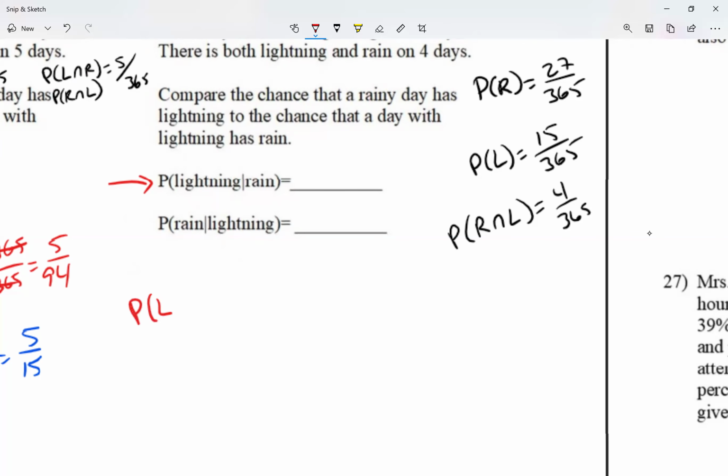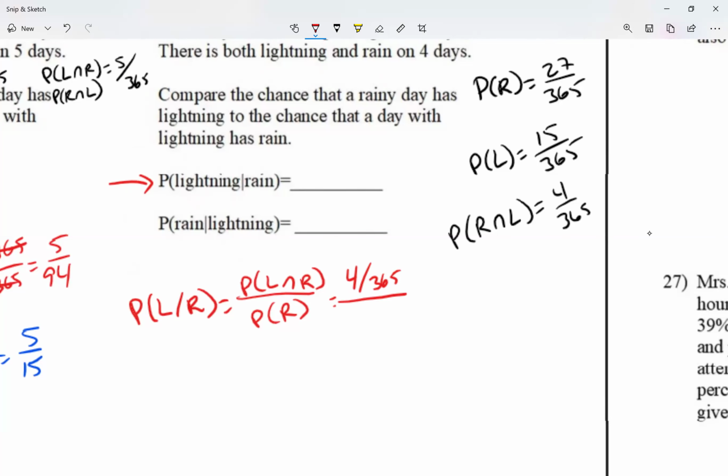Probability of lightning given that it rains is probability of lightning and rain divided by probability of rain. Lightning and rain is the same thing as rain and lightning, right? So it's 4 out of 365. Probability of rain is 27 out of 365. Because they have the same denominator, I'm really looking at 4 over 27.